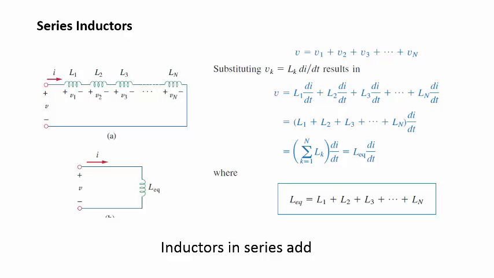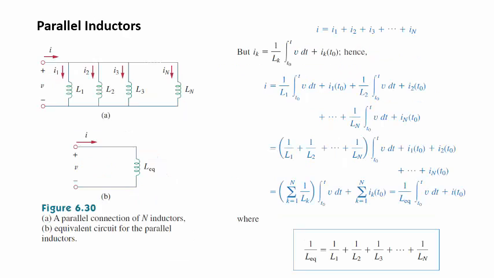Guess what inductors in parallel will do? So here's my circuit with a bunch of inductors in parallel. Now the appropriate law to apply is Kirchhoff's current law. The source current equals the sum of all the currents in the branches. But we know that i equals 1 over L times the integral of the voltage. So now I substitute that into my KCL equation, and I get a big long equation with lots of integrals in it. But what's constant here is that the voltage across each inductor is the same.